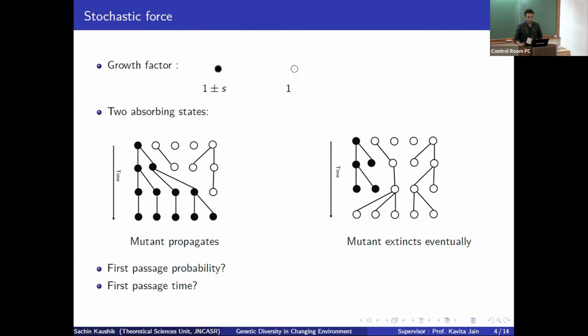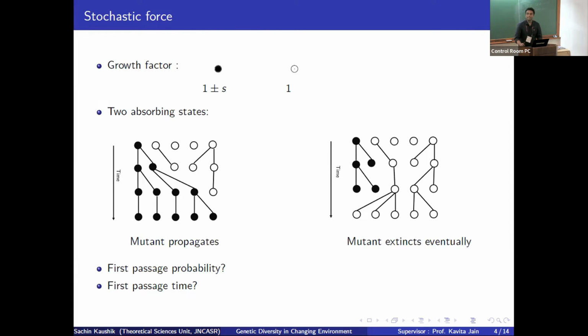But this intuition doesn't always hold, because there can be a case in which the dark one reproduces initially, but after that, because of some random chance, some stochastic event, they happen to die out from the population, and there is no turning back from the white one to the dark one. So eventually it can go extinct from the population. So it's a system with two absorbing states.